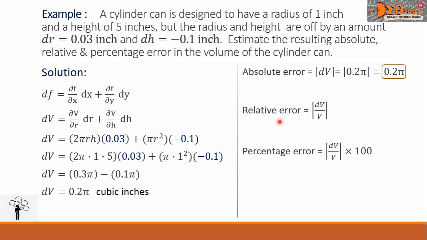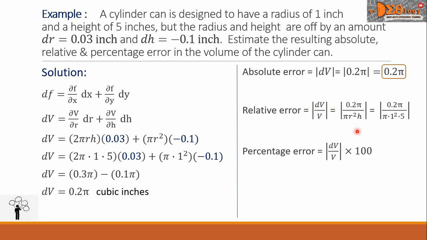For relative error, the absolute value of the fraction dV over V. Substituting the values, we have 0.2 pi for dV over the formula for V, which is pi r squared h. We know the values of r and h from the problem.